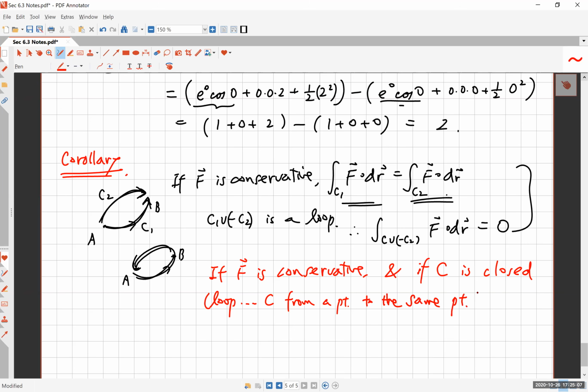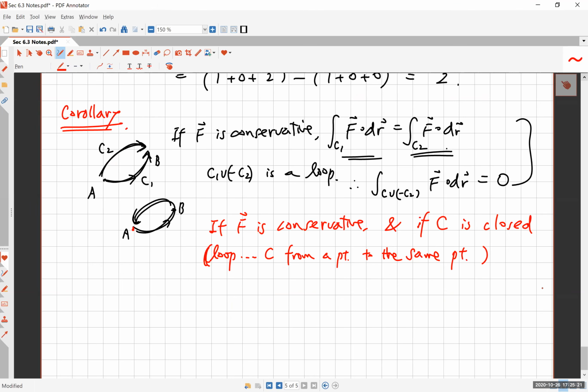Okay, in other words, if it starts and ends at the same point, like this picture here, it goes from A back to A. If C is a closed curve, which we call a loop, then the line integral of F dr is always going to be equal to 0. Okay, it's as if nothing happened. You went and came back and nothing happened.